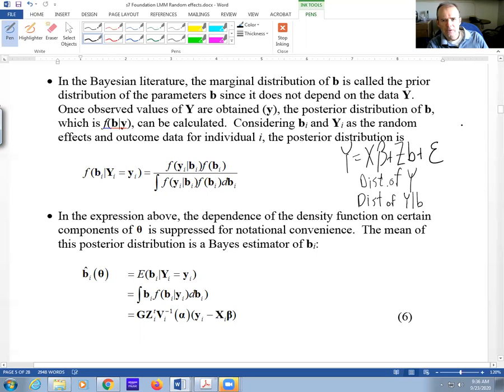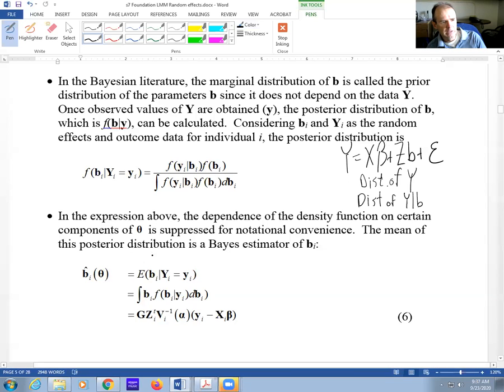But when we do inference, what we really want is a distribution of the random effects given the data or given our outcomes, right? Well, Bayes formula then becomes a natural tool for us to use because we can express the distribution of the random effects given the data as a function of what we have. Okay, so that's why Bayes formula and Bayes methods make a lot of sense for the random effects.